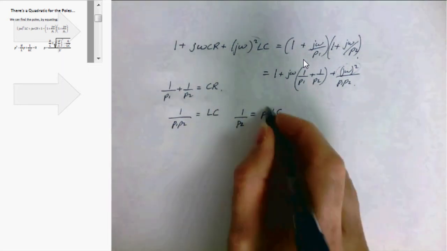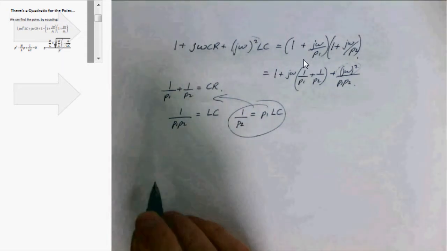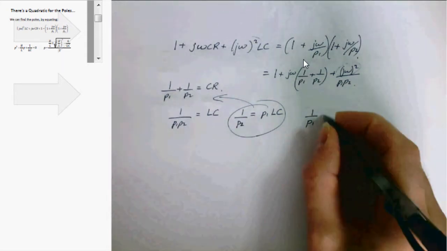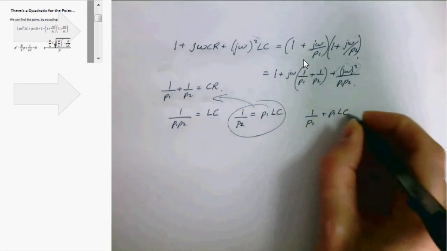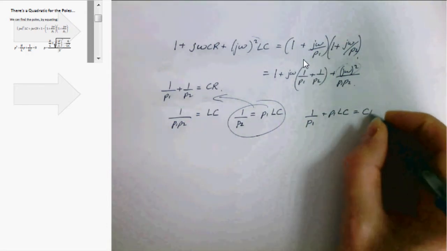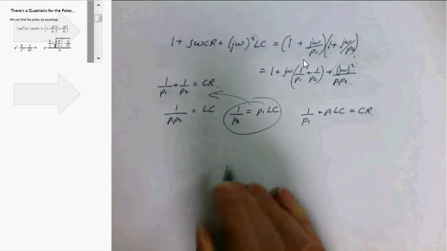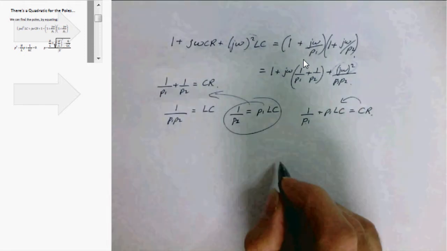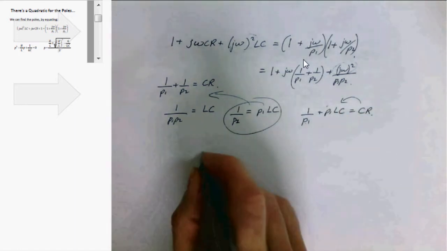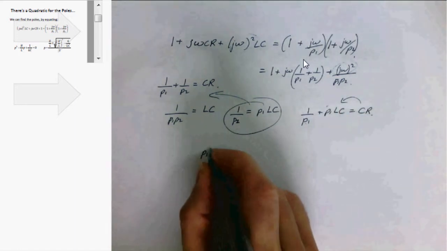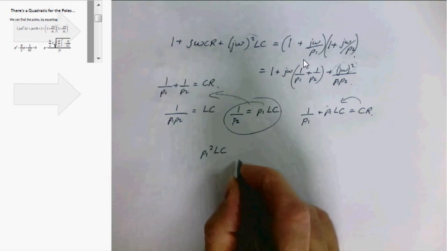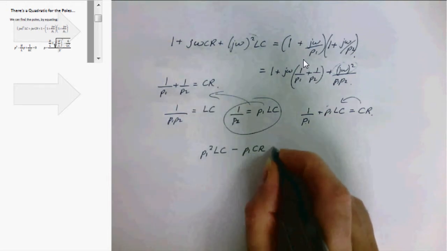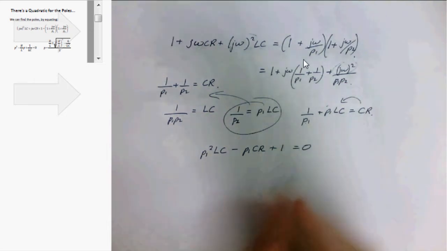I can substitute this back into here and end up with 1 over p1 plus p1 LC equals CR. Multiply every term by p1 and move the CR over, and we end up with p1 squared times LC minus p1 times CR plus 1 equals 0.